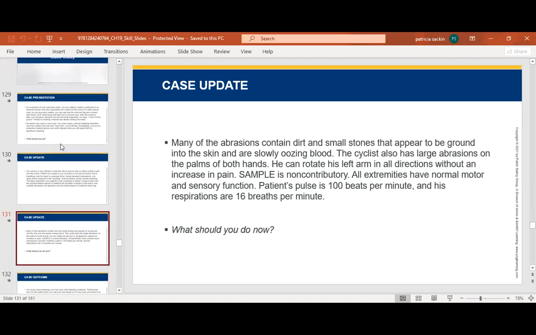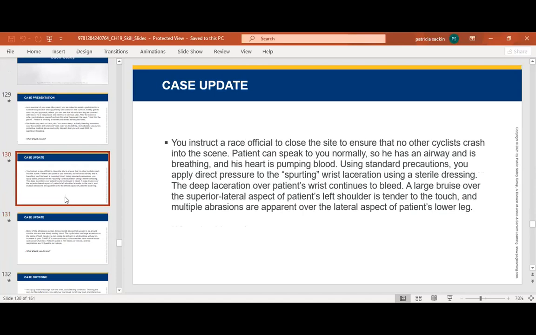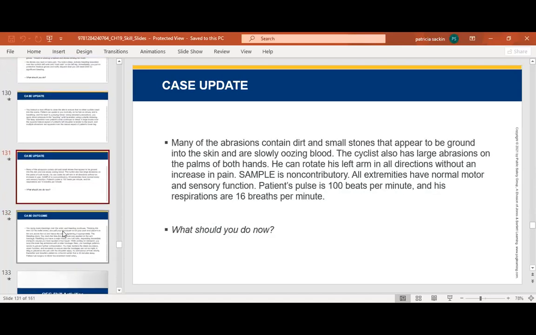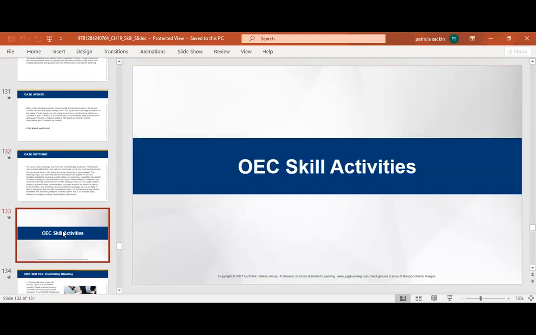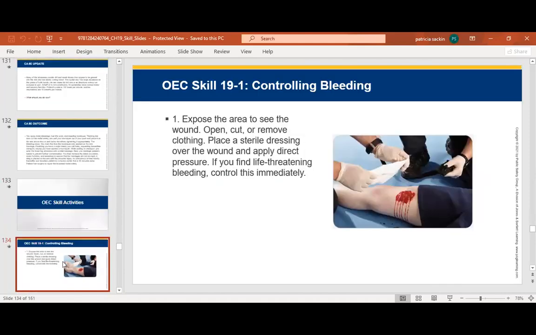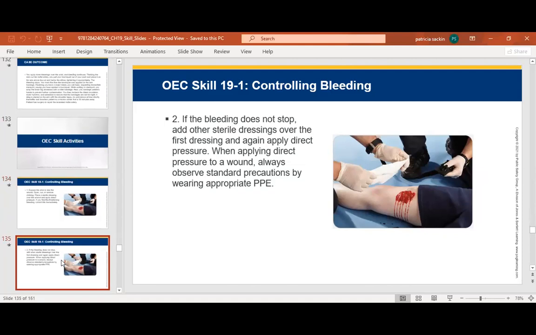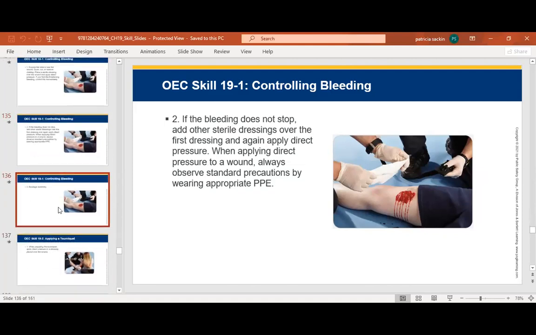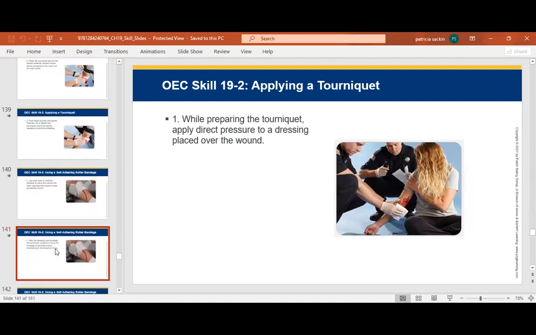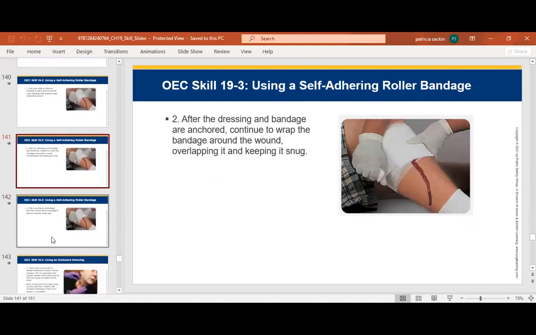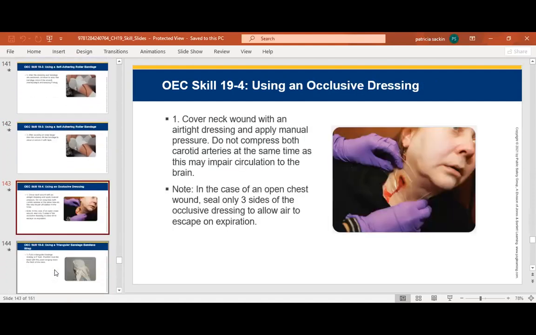Good work. Okay, let me see where we're at. Is this the same one? Same one. Okay, here we go. Okay, so let's get into the actual skills part of it, Patty, the rest of the slides. There's your pressure. Oh, this is nice. I like that one.